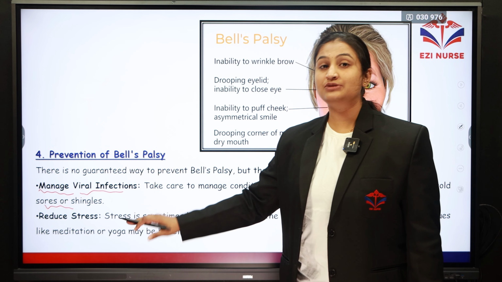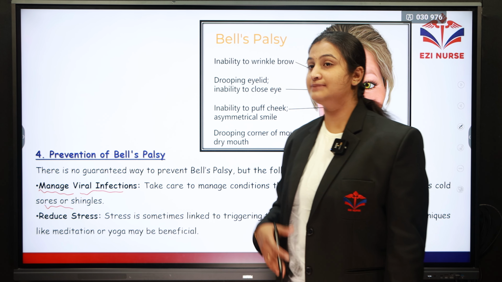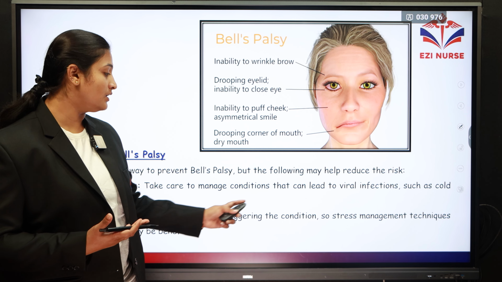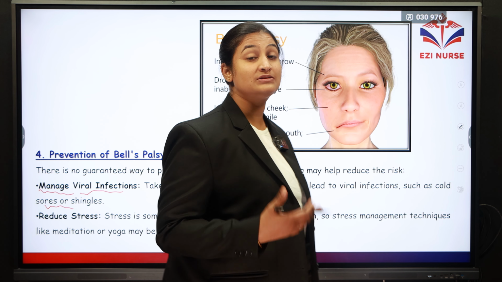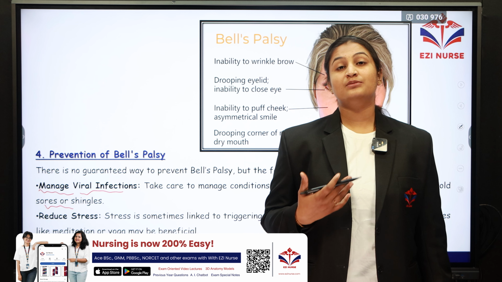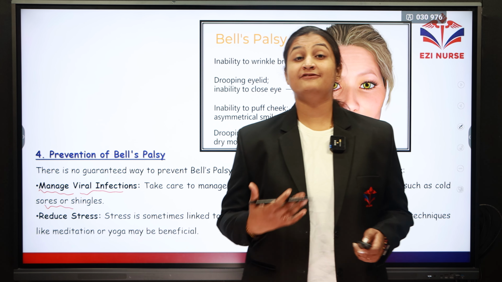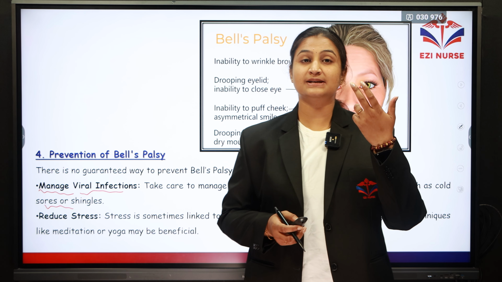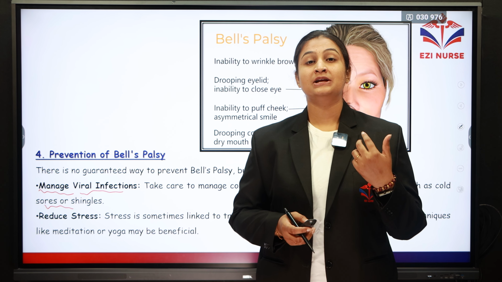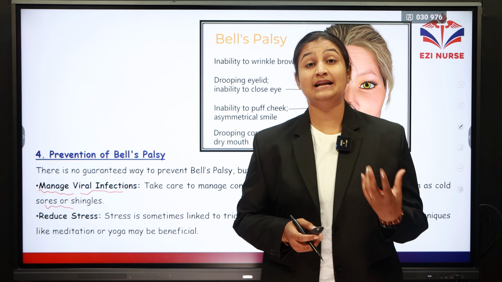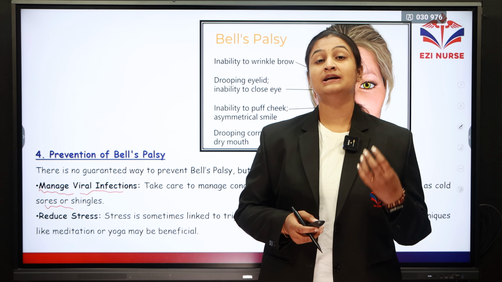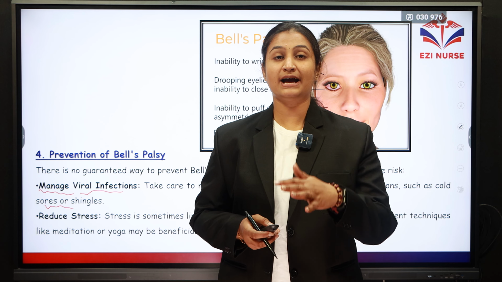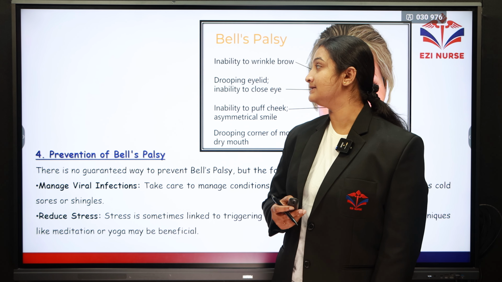Then reduce stress, since sometimes it can be stress related due to work pressure, so stress management techniques can also be taught to the patient. There are some facial expressions that cannot be done at times, such as eyebrow lifting and smiling. Whenever these occur, you can help them with some exercises, so that they can recover from Bell's palsy.